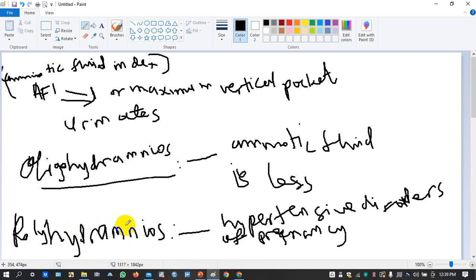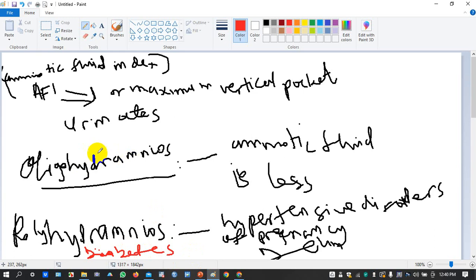Then if the mother also has diabetes mellitus or gestational diabetes, that one too is not good. Diabetes of the mother, or gestational diabetes associated with pregnancy, can lead to polyhydramnios, which is also not good.